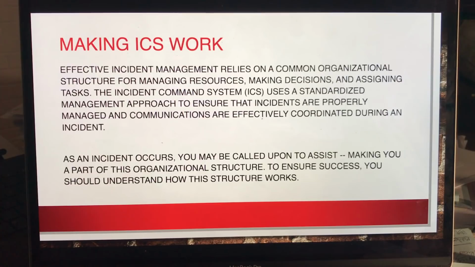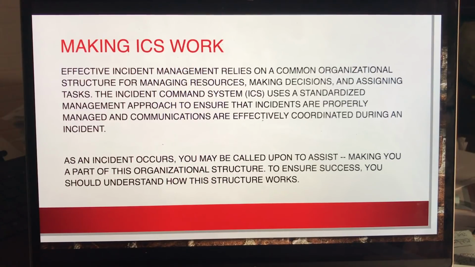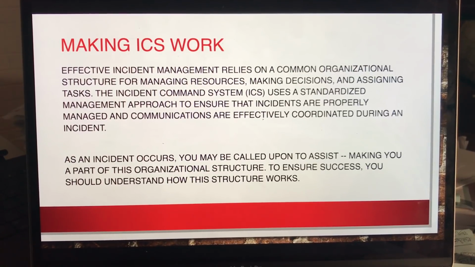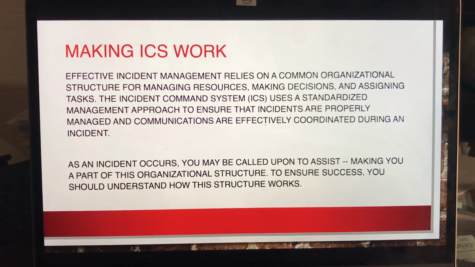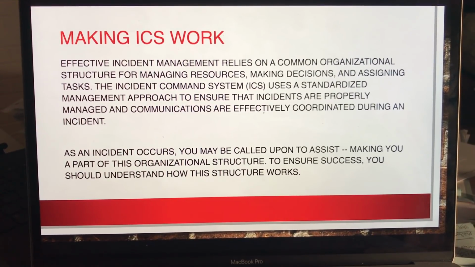Making ICS work. Effective incident management relies on a common organizational structure for managing resources, making decisions, and assigning tasks.